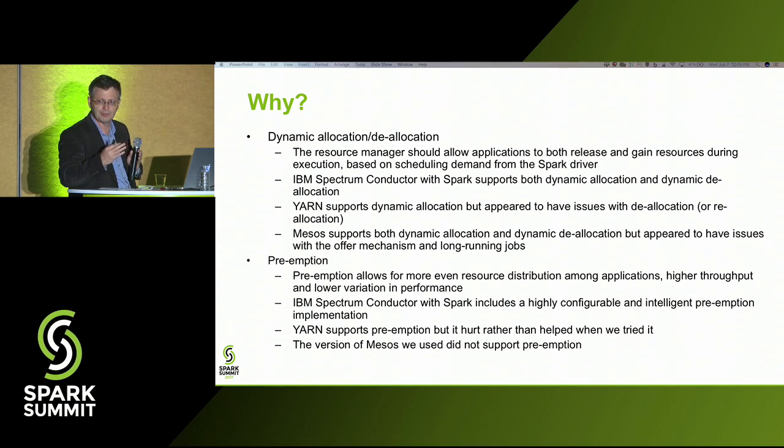But I'm not sure if the latest version has already started to support preemption. I'm just pointing out that it should be there. It's very important for evenly distributing workload, and the end goal is to get higher utilization, right? So basically, how much you can fit in the cluster.